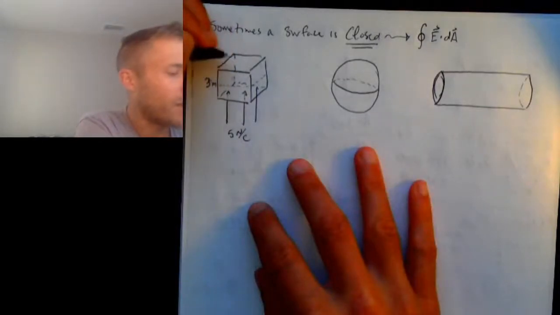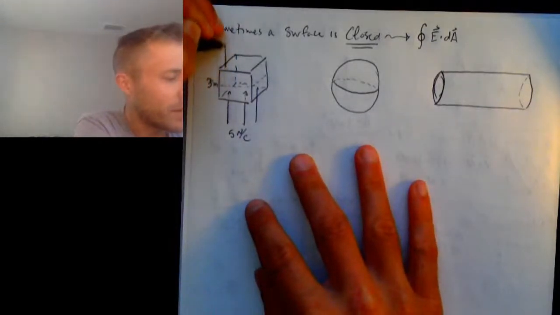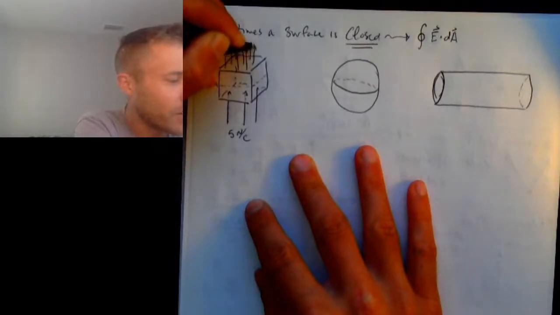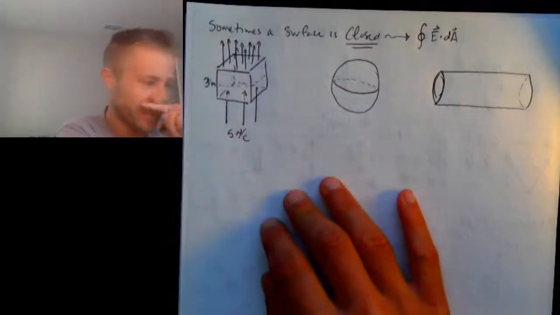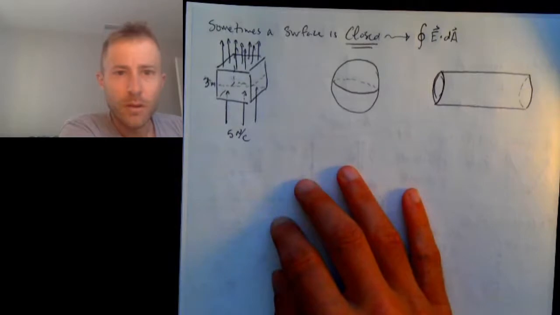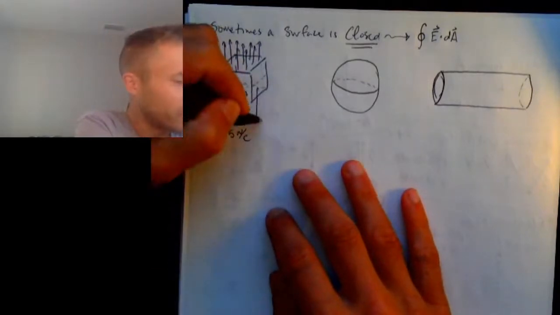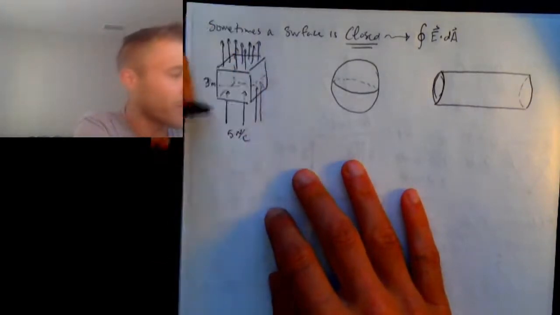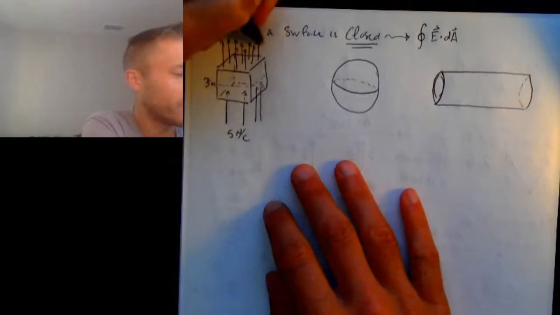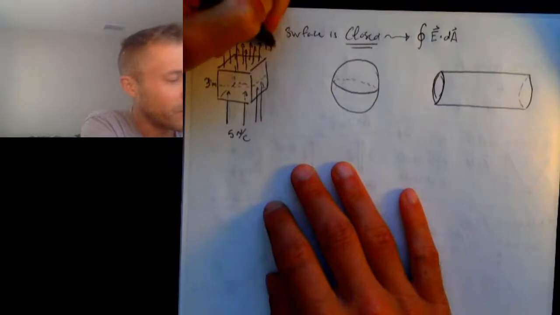And on the top, the electric field has a different strength. It's stronger. How do we know it's stronger? It's because I'm drawing more field lines for the top. And this electric field, let's say, is 15 newtons per coulomb.